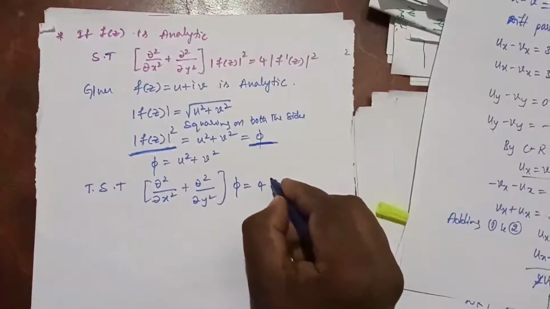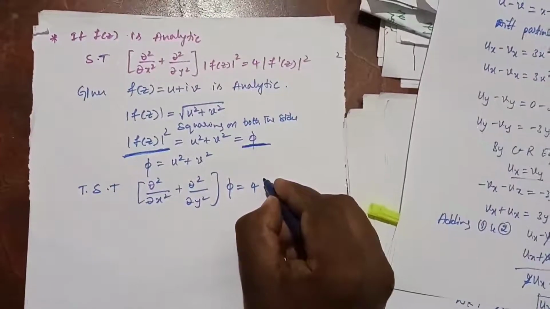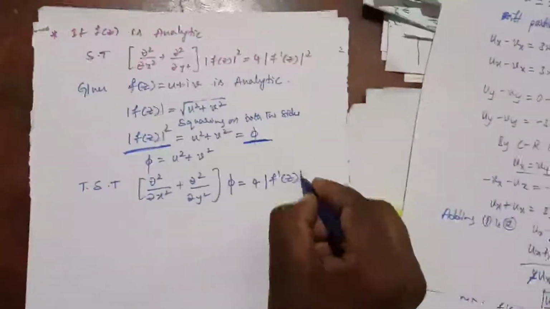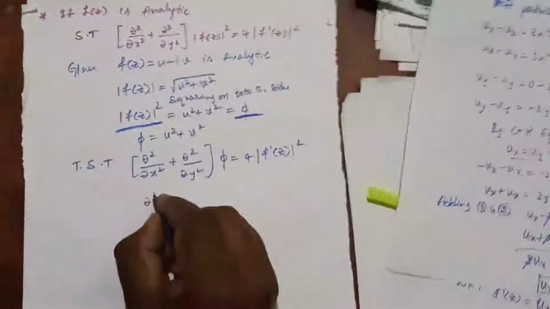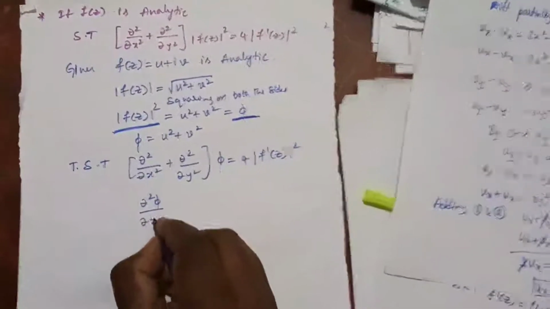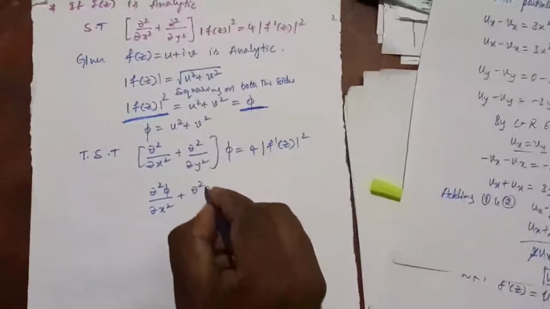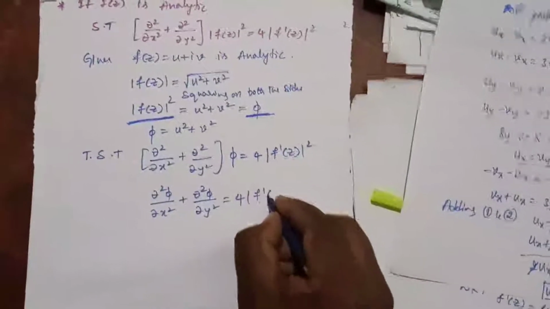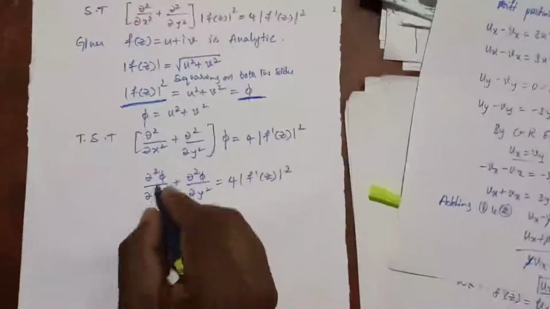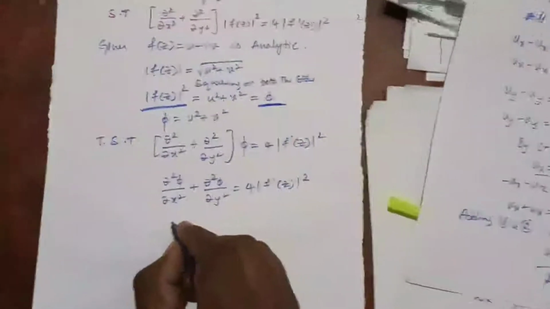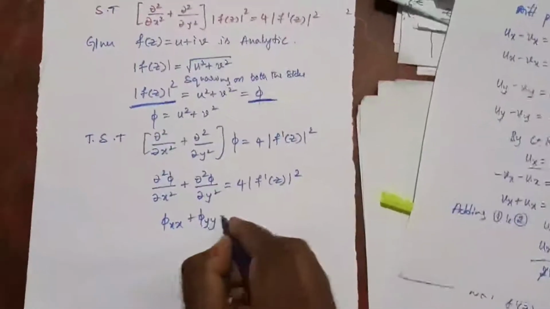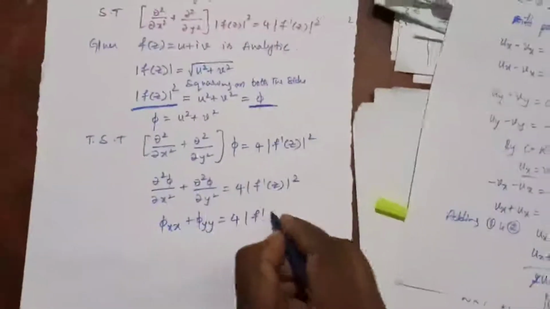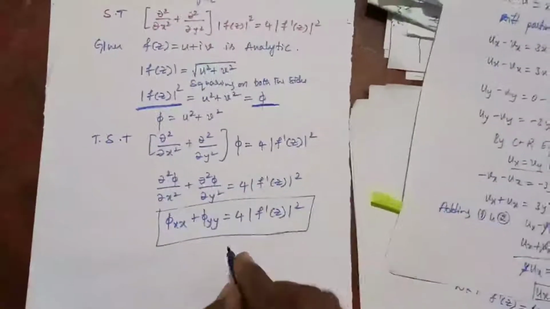So 4 times modulus of f dash of z, multiplied with phi, dou square phi by dou x square plus dou square phi by dou y square, is equal to 4 times modulus of f dash of z whole square. Instead of writing dou square phi by dou x square, write this as phi xx plus phi yy, that is 4 times modulus of f dash of z whole square. We are going to prove this.